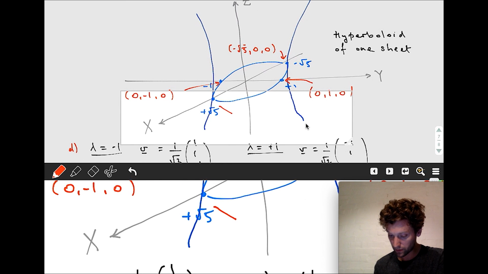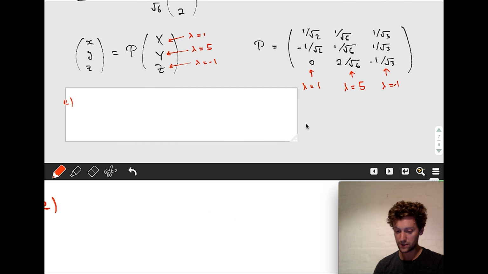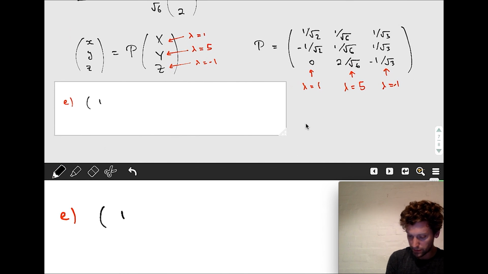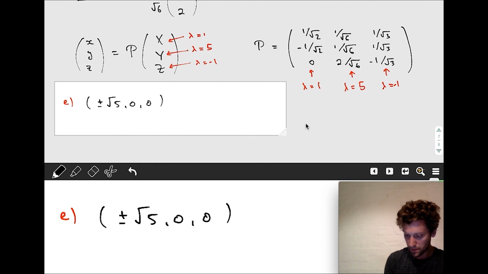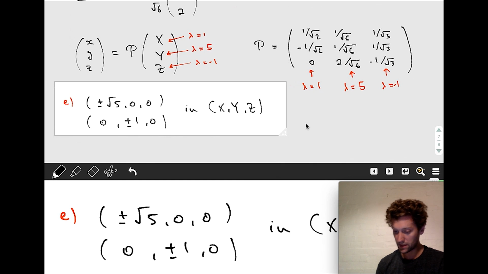And this point here corresponds to the point root 5, 0, 0. So those are the 4 points in big X, big Y, big Z coordinates that we need to search for. So we have the points plus or minus root 5, 0, 0, or 0, plus or minus 1, 0. And that's in big X, big Y, big Z coordinates.